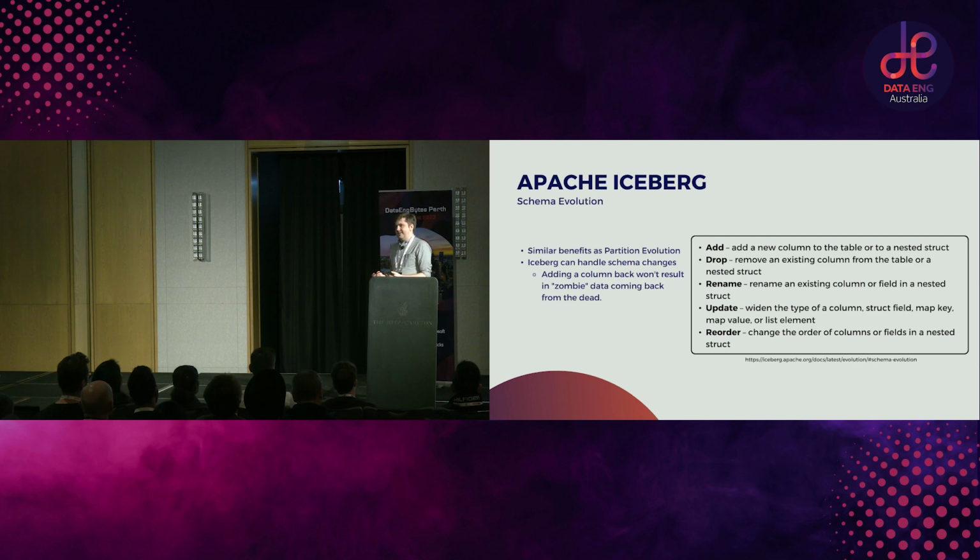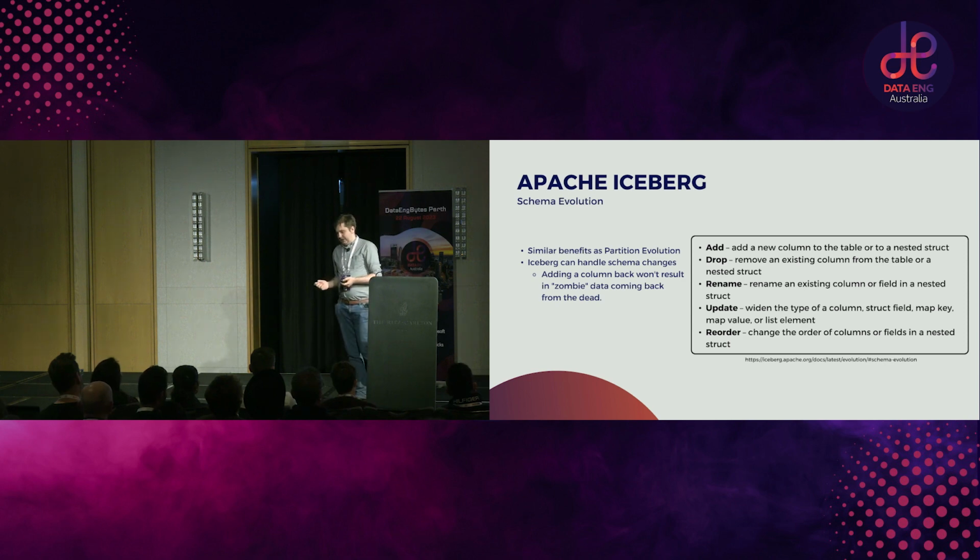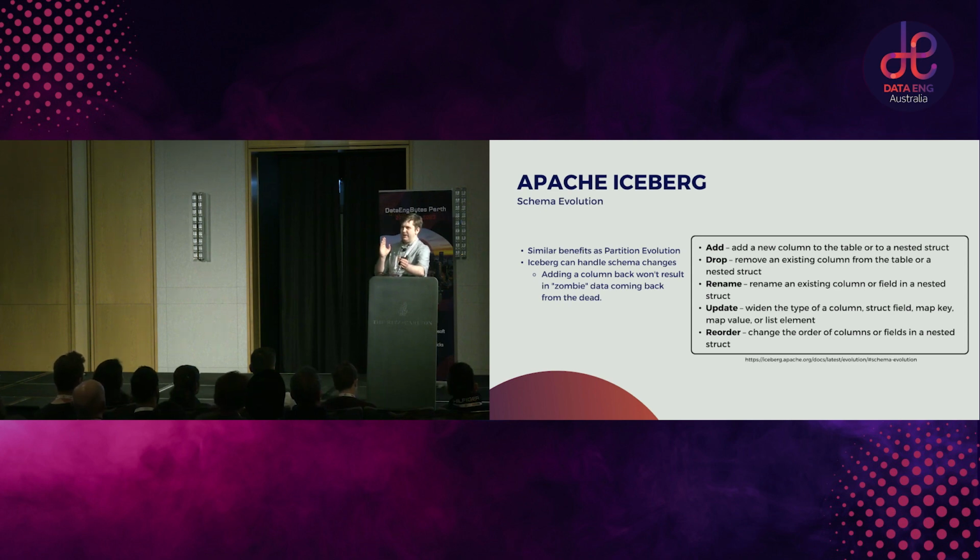Because it's all based on these IDs, you don't have that case where a reused column name is going to bring back old data. This is, again, all transactional based. So if you're making a change as you go, users aren't going to get half their data correct, half the data not correct. If they're running a query, they're not going to be getting lying data.